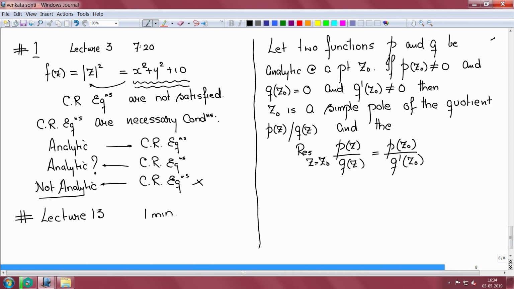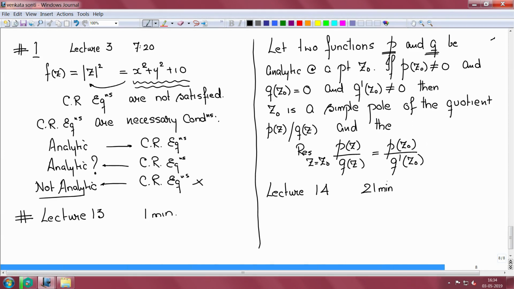Okay. Earlier I had stated P and Q to be polynomials. It is more general than that. They could be any two analytic functions. Okay. Now next is lecture 14. Around 21 minutes.